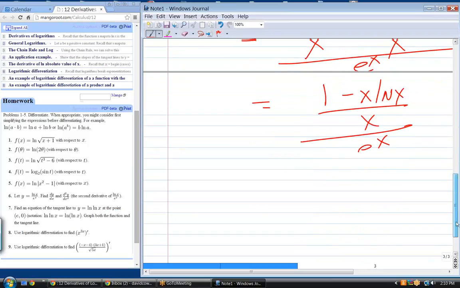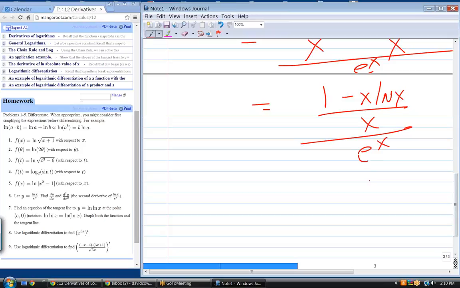Well, that means that e to the x I can put here. You see why? No. Okay, well, let's put a 1 under that, e to the x. How do we divide fractions by fractions?